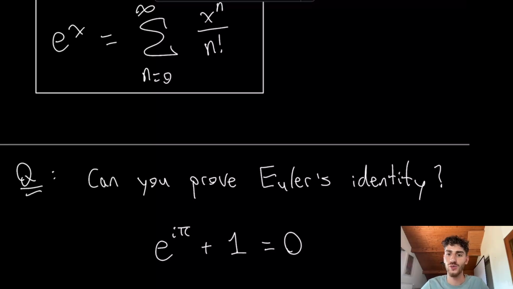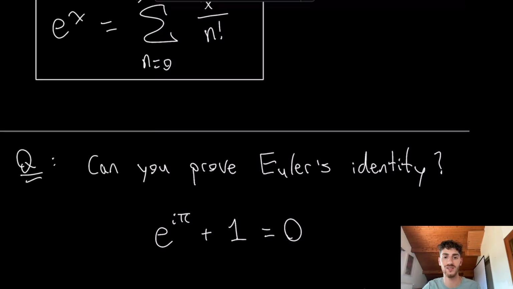Okay, so that's pretty much all I wanted to talk about, but right before I end off the video, I'm gonna leave you guys with a question to see if you want to use the Taylor expansion to prove this thing called Euler's identity. So Euler's identity is e to the power of i times pi plus 1 equals 0.